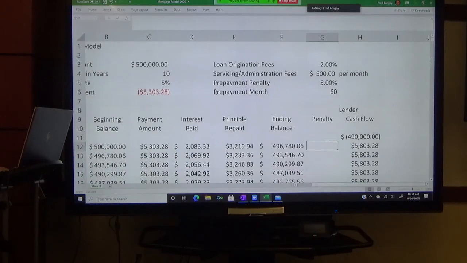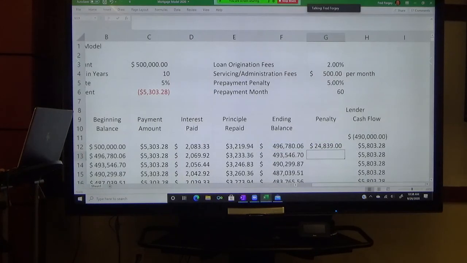The loan balance, yes? Yes. Okay, so in this case, if we simply took that balance times penalty rate, that's the penalty amount, okay?